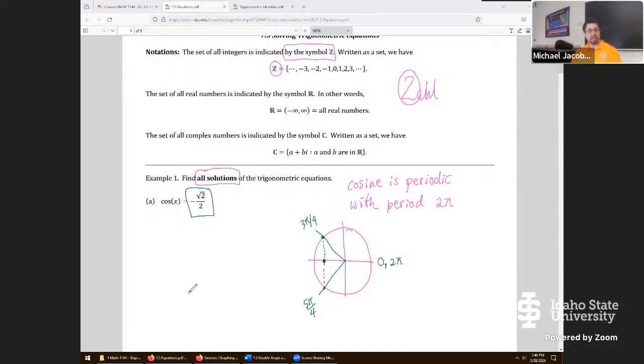This is very tricky, so we'll repeat this when we come back on Tuesday's class. I mean, that's a long weekend as well. But we're about ready to state the solution. It will be x equals, or x equals, because we found two principal solutions that correspond to negative root 2 over 2. We'll have two branches of infinite solutions here and here, separated by or. We write down what we found: 3 pi over 4, 5 pi over 4, and then we go plus.